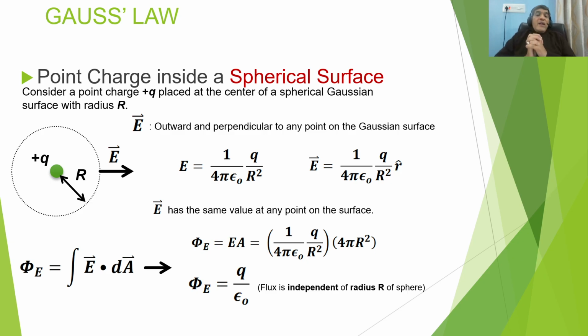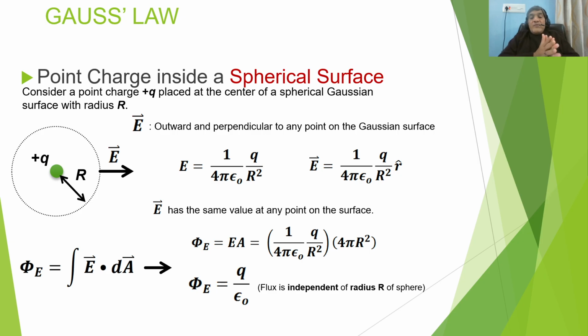Keep that in mind. Electric flux is independent of the radius of the Gaussian surface, whether it is a cylinder, a circle or a sphere. But the electric field always depends upon the radius of the surface. Keep that in mind. These two parameters are different.